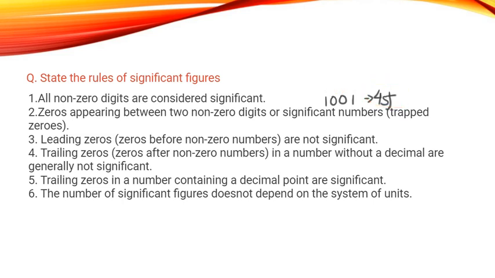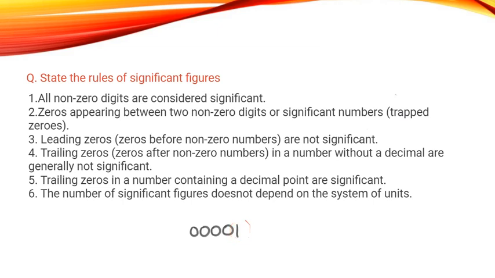Fine. Now let's take another rule for your significant figures related to zeros. Leading zeros. Zeros before a non-zero number or digit are not significant. Let's take an example. Suppose you take this example 0001. Here the zeros are before a non-zero number, before a significant digit.